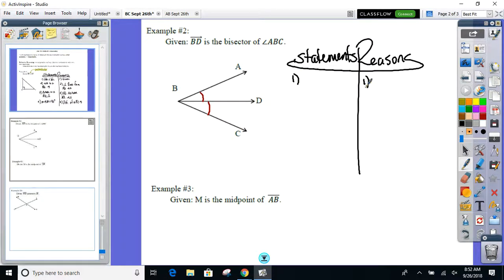So the first thing we knew was ray BD bisected angle ABC. And we know that's true because that was given. Just getting that habit, that's usually our first step in every proof. Bisect.